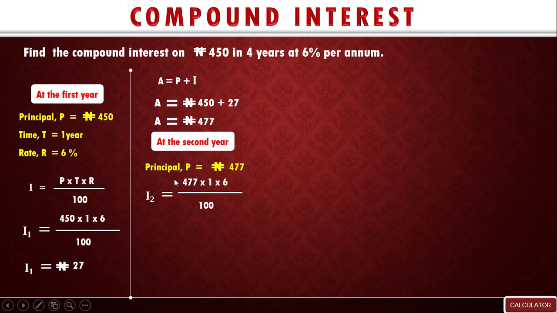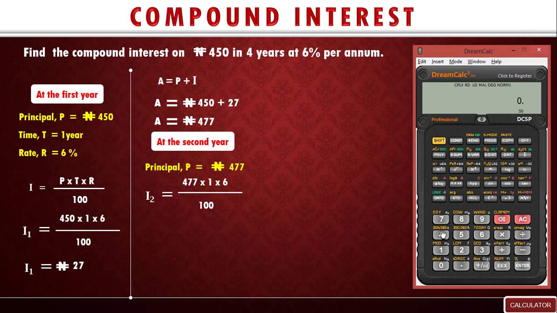The principal at this second year is 477 times our time, which is 1 year, times 6, which is our rate, over 100. So let's use our calculator to do this. 477 multiplied by, we don't need to, anything multiplied by 1 will give that same thing.